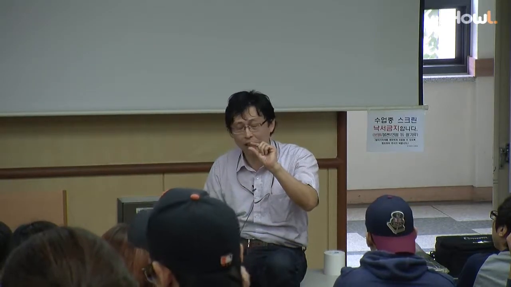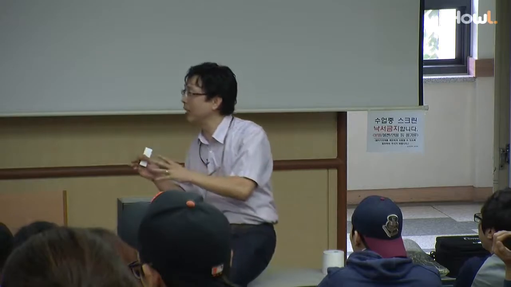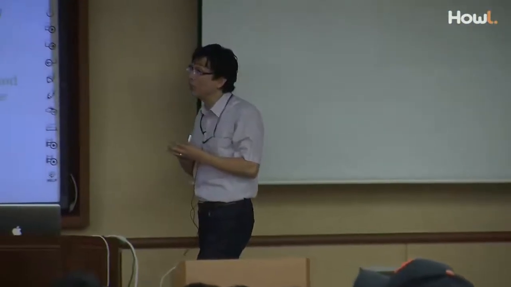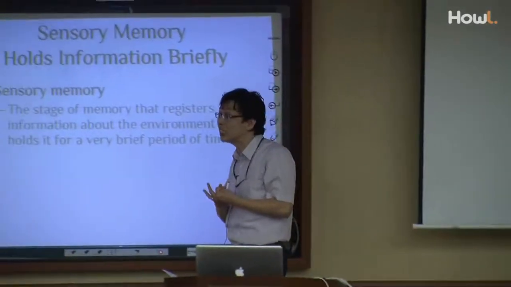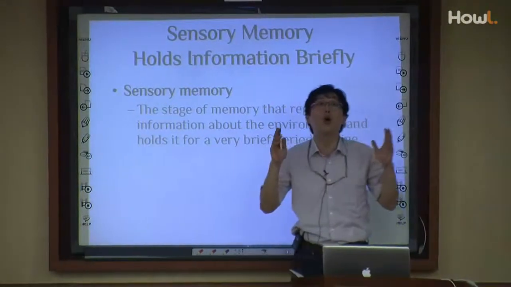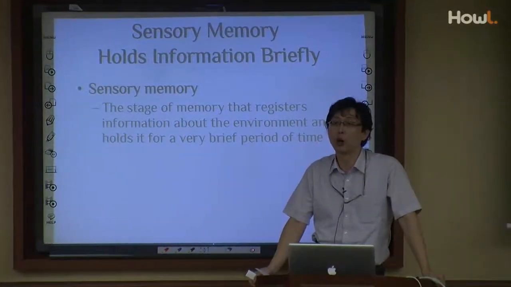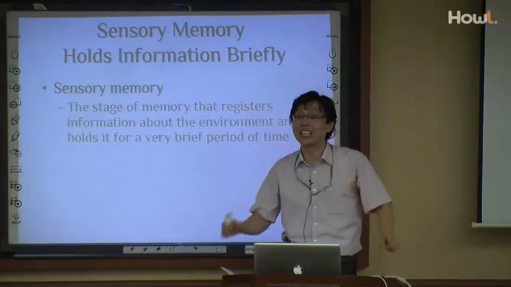If someone touches you, you can transiently remember that, for a very, very short time. In information processing the two major channels are visual and audio, right? That's why many studies ask whether we have sensory memory or not. And second, if sensory memory exists, how long can information stay in it?